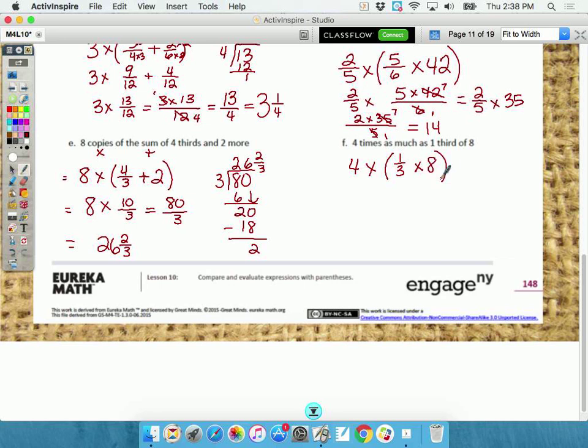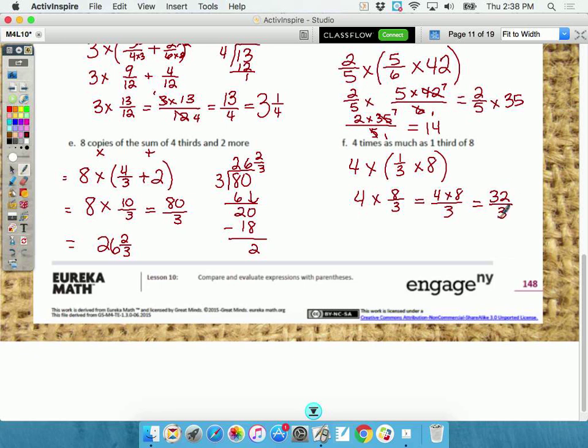Now, probably keep the improper fraction since we're multiplying, if there is one. So 8/3, there is one. 4 times 8/3. So let's do 4 times 8 divided by 3. 3 doesn't go into either one of those, does it? So I kind of wasted my breath here and my time.